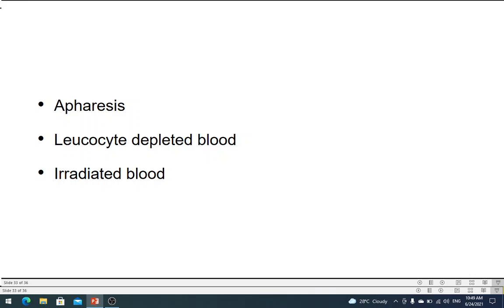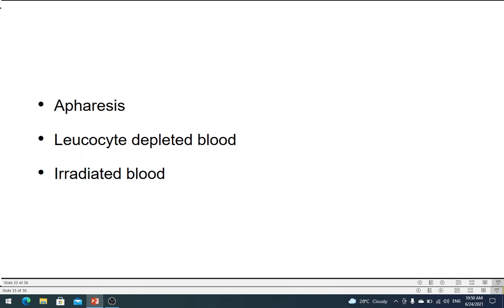Then there is apheresis. You keep hearing about apheresis when we talk about blood donation. What we mean by apheresis is you take the blood from a donor and you take only the particular component that you want, and then the rest of the blood is put back into the donor. You understand? For example, I want to give a patient platelets, and I have a donor who is fit to give it.